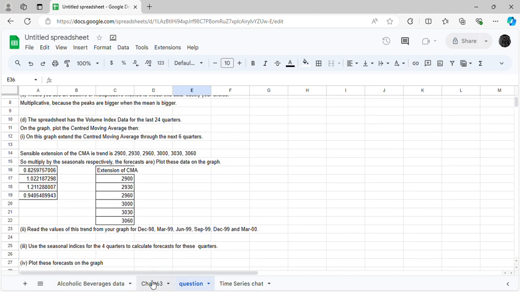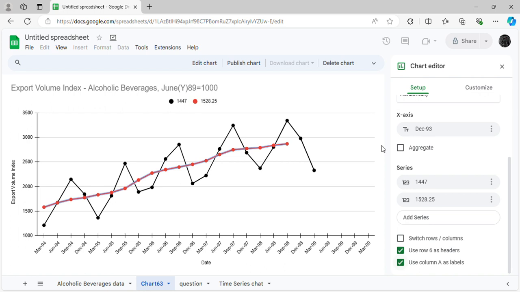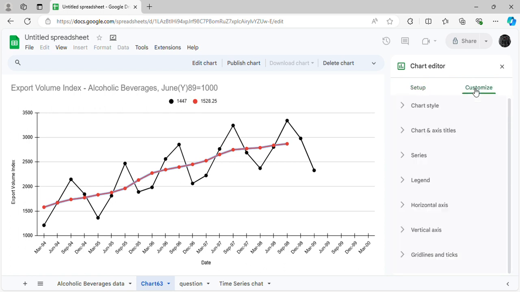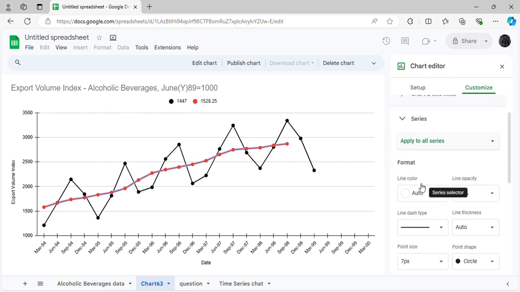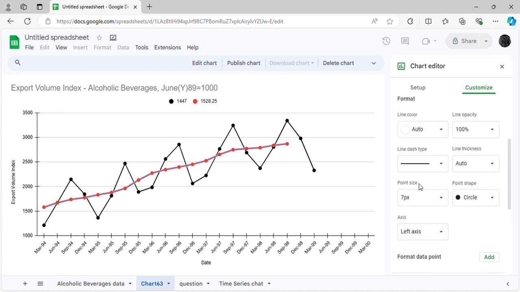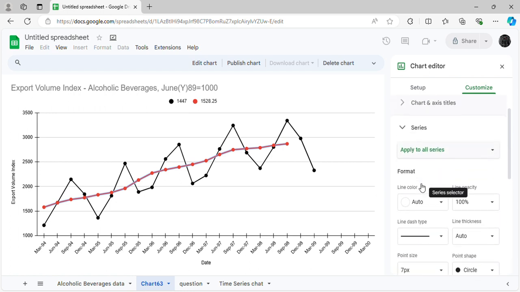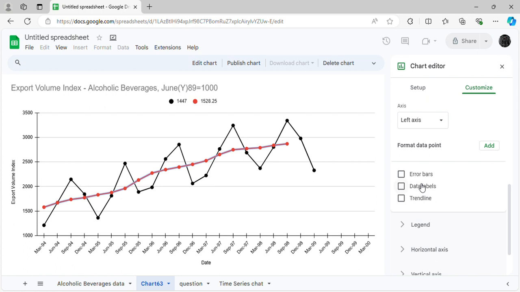So let's extend the centered moving average. So click on the centered moving average line. Let's click on customize. Click on series. Then we want trend line.